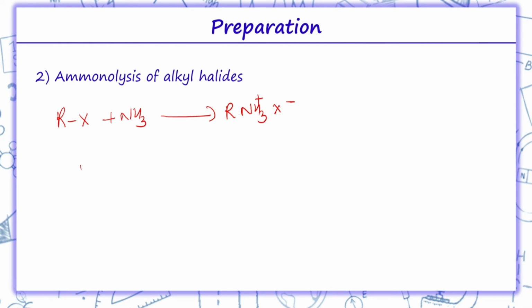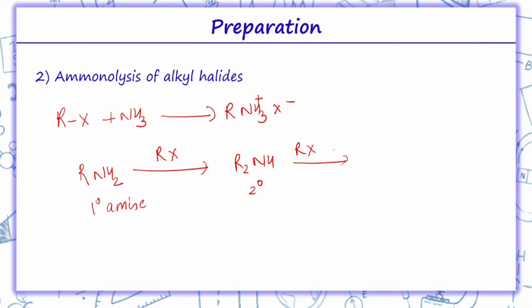The bond breaks and thus we get RNH2 which is primary amine. Now if again alkyl halide is taken, we will get R2NH, that is secondary amine. If again alkyl halide we take, we will get tertiary amine. Again alkyl halide, and we will get quaternary ammonium salt.